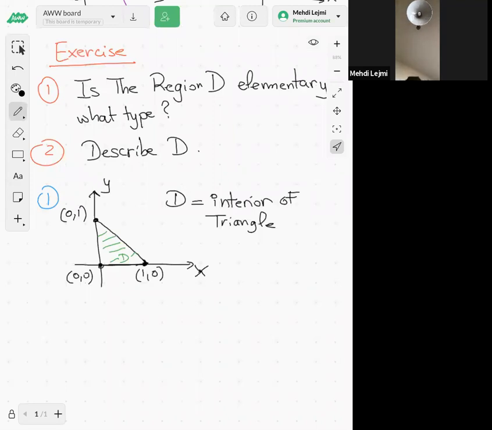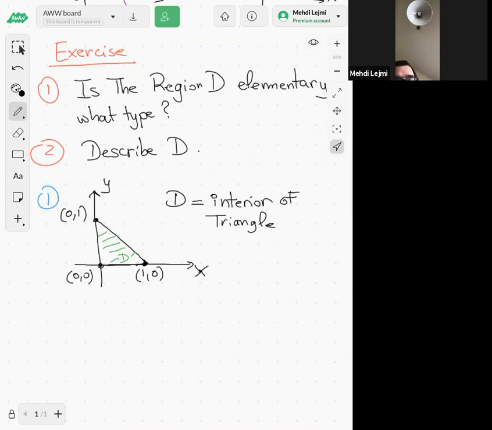Okay, guys. So now we have to determine whether D is an elementary region or not, right? And what type. So for example, you can, let's say, start with x, your x coordinate, and you can try to see if your x coordinate is between two constants. And of course, at each constant you need to have either a segment or a point.